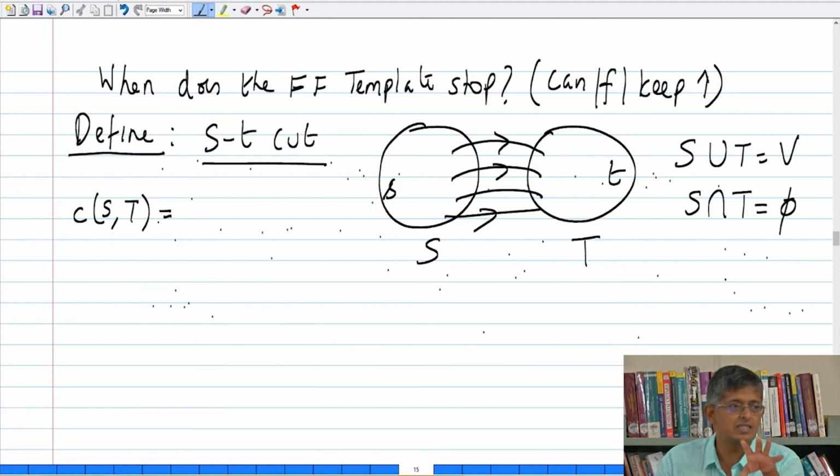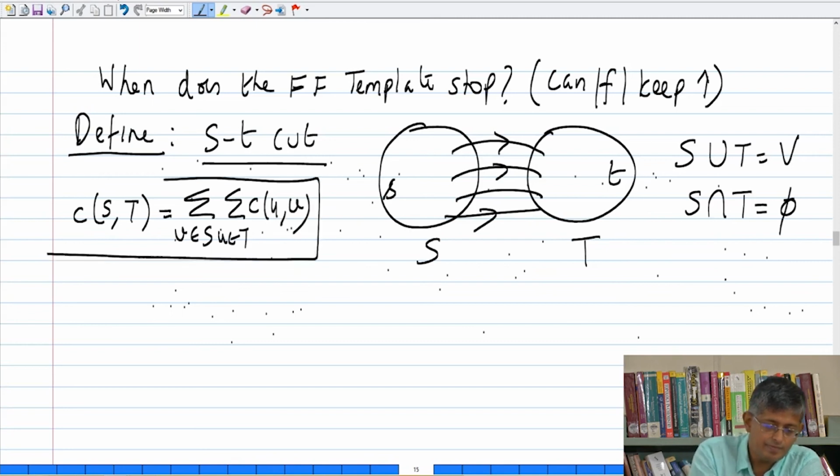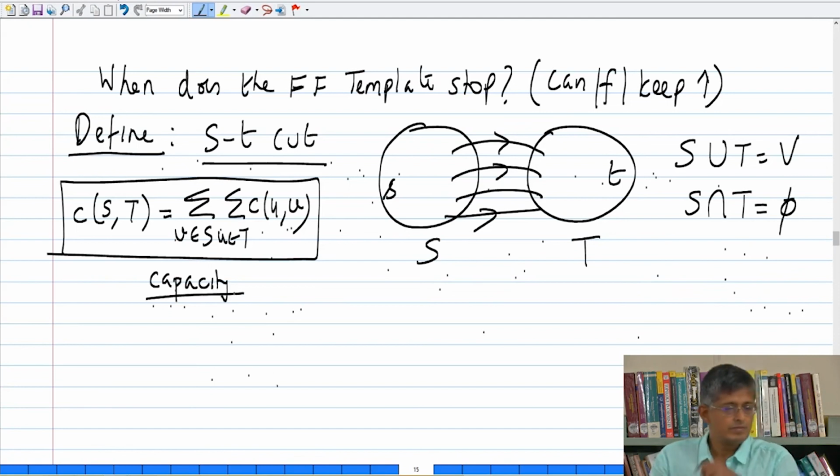Now if you partition a city into two regions, and you have all the roads going across, the sum total of the capacity of the individual roads is considered to be the capacity of that way of partitioning the city into two regions. This is the summation over u belonging to S, v belonging to T, of the capacity of (u, v). So this is called the capacity of the cut.